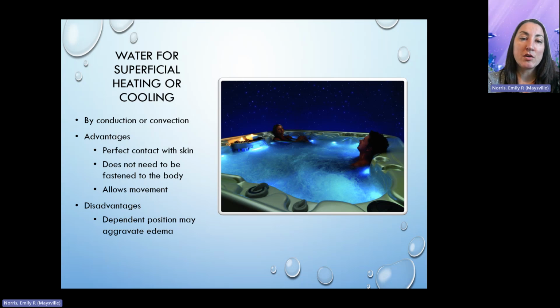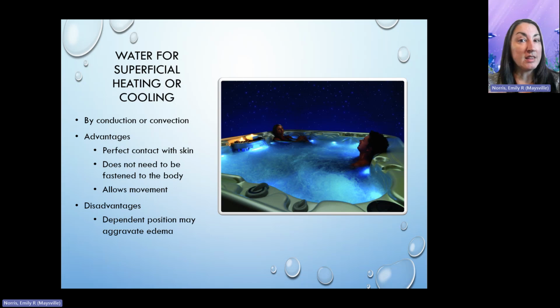So if you're using the water for superficial heating and cooling, remember water transfers heat by conduction and by convection. Some of the advantages is that it's in perfect contact with the skin, so you don't have to worry about the hot pack falling off or sliding off or not touching the areas that you want heated or cooled. You don't have to fasten them to the body.